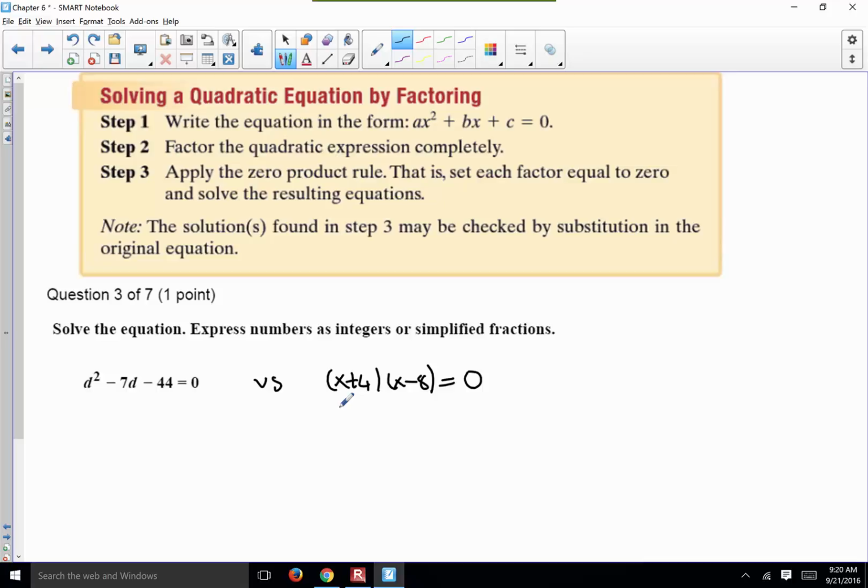What is the difference you see between these two questions? What do you say? Yeah, this has not been factored yet. Not factored. And this is factored already.